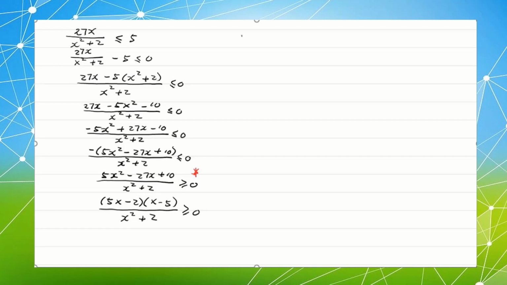Now we need to set each of the factors here to 0 such that we can find the value of x that makes each of the factors become 0. So when 5x minus 2 equals 0, x is 2 over 5. When x minus 5 equals 0, x is equal to 5.